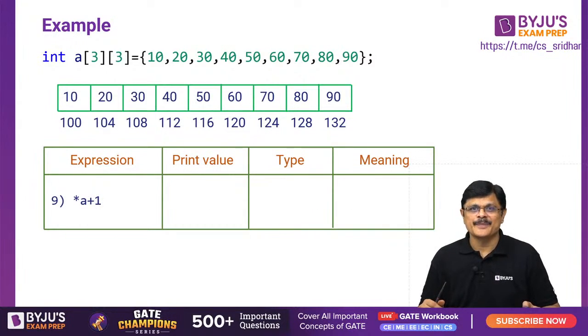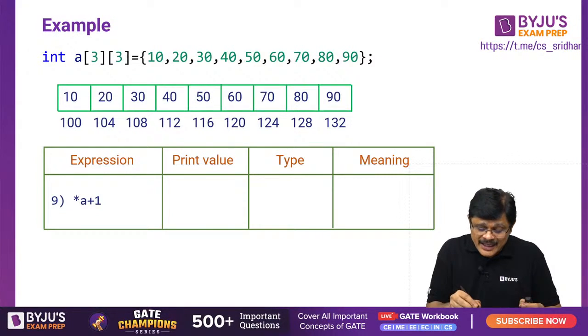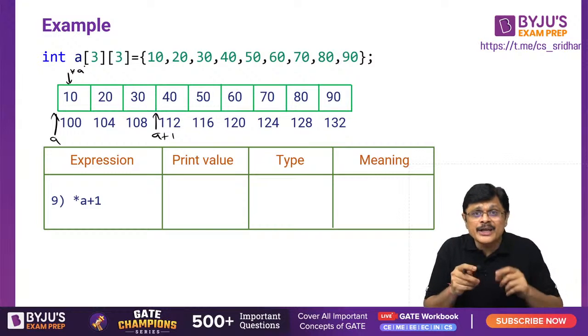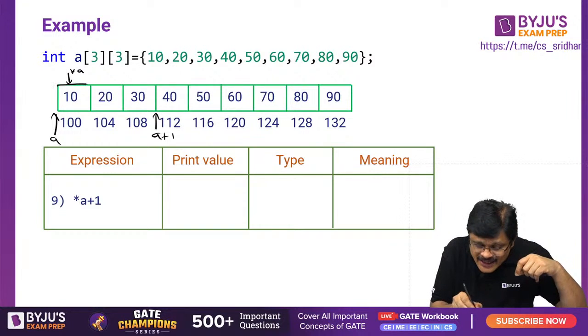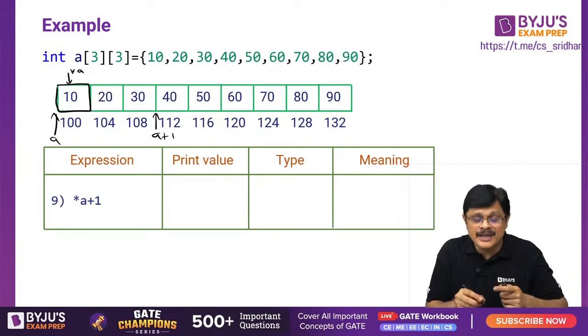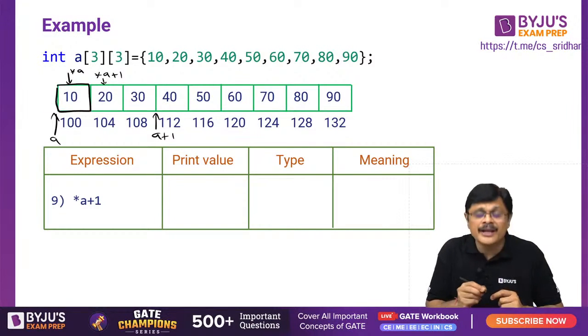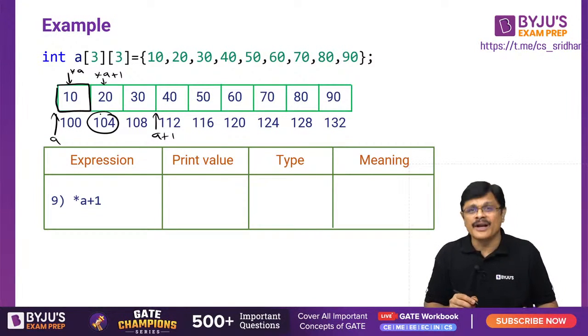Star A plus 1. See, A plus 1 is the next 1D array. Star A, see, A is this, A plus 1 is this. But when you say star A, we are pointing to the 0th element. So when you say star A plus 1, you are pointing to the next location, that is, it refers to 104.